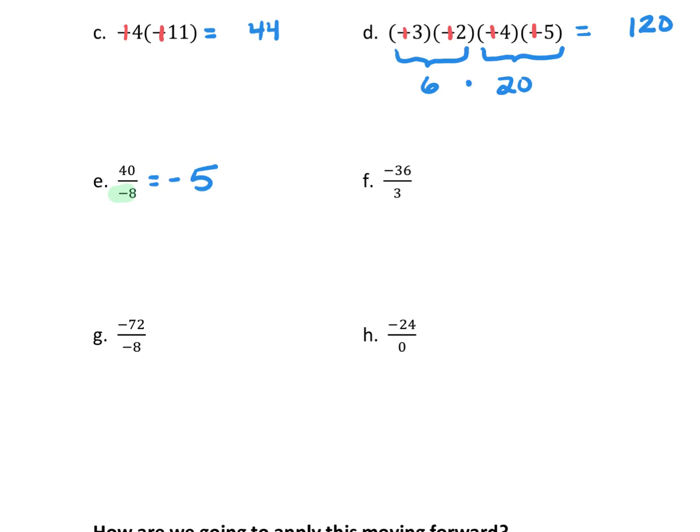For example F, we have -36 divided by 3. If we divide, 36 divided by 3 is 12. We have 1 negative in our problem, and so my final answer will be -12.